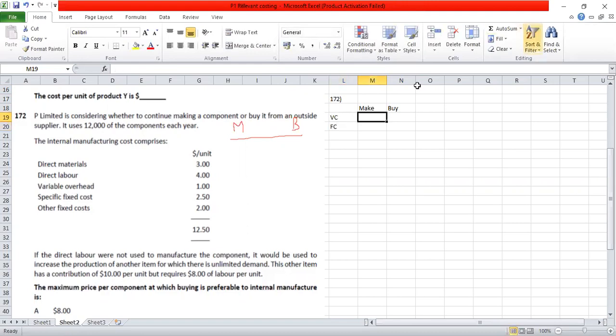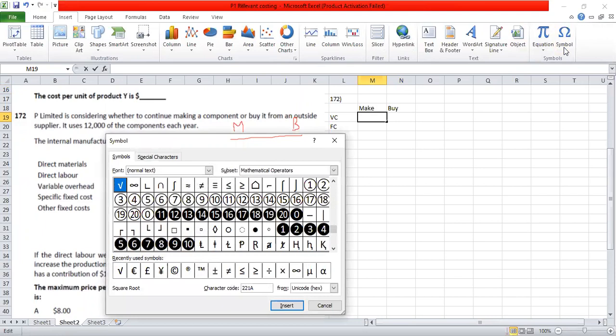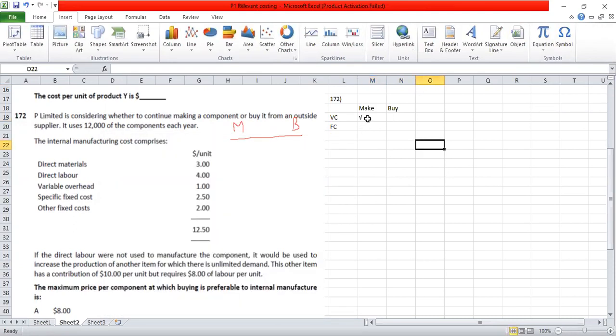So this variable cost will be incurred, fixed cost also will be incurred. Done. What if they buy? They buy, they will have to pay the price to the supplier's price.